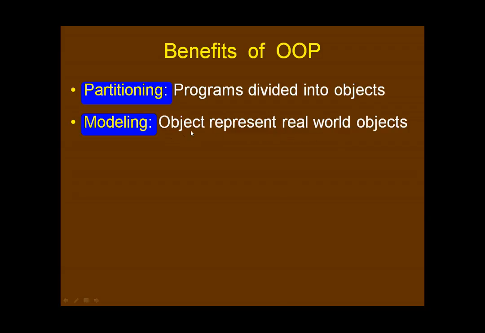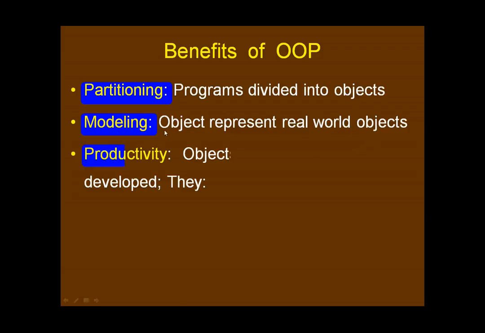So why can't we represent such kind of real world objects which are interacting and are identifiable and are classifiable? Then why can't we represent such kind of objects in the programming? That is the reason, the logic behind object-oriented programming. So we are in a position to model such kind of identifiable, classifiable and interacting objects in the programming.